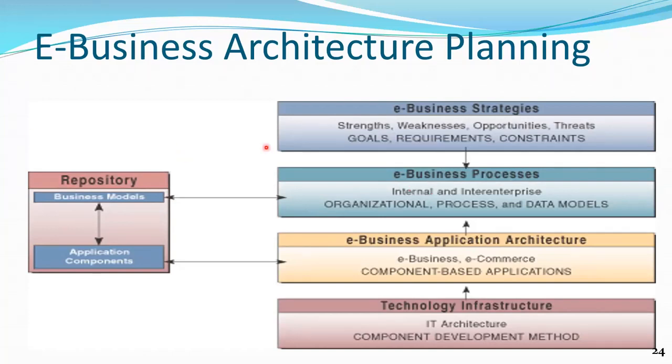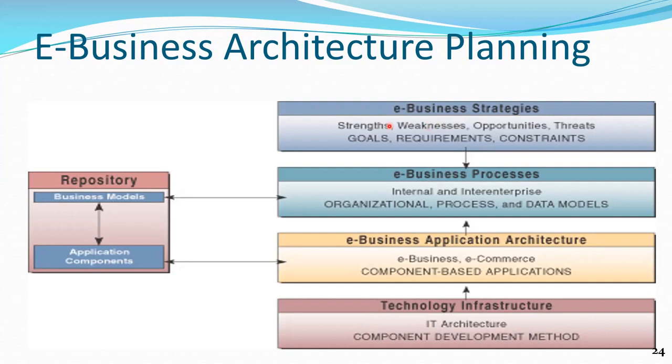Business models are linked with the e-business process, right? Inter-enterprise and internal activities relate to each other, right? Organizational processes and data models need to be developed, right? Which is always supported by e-business strategies, right?